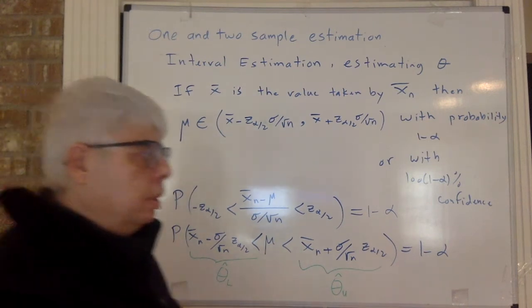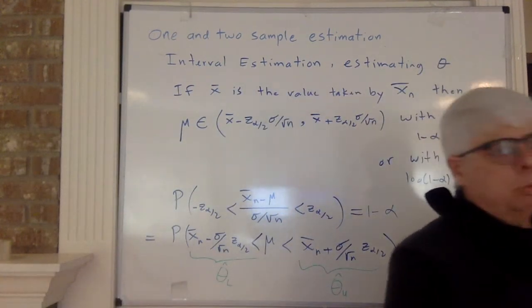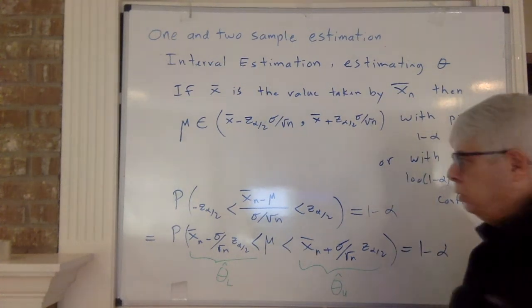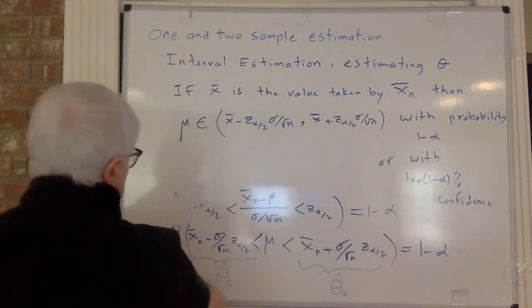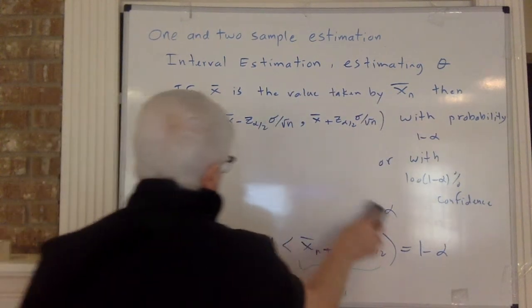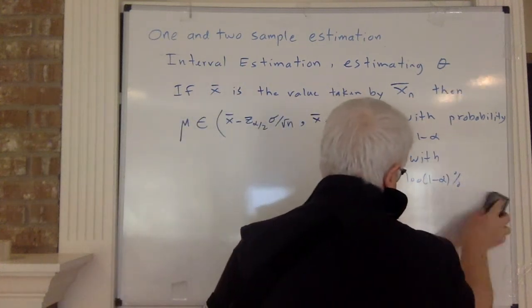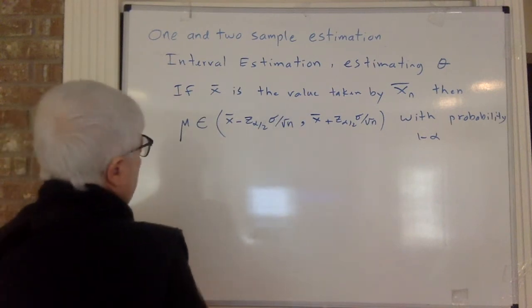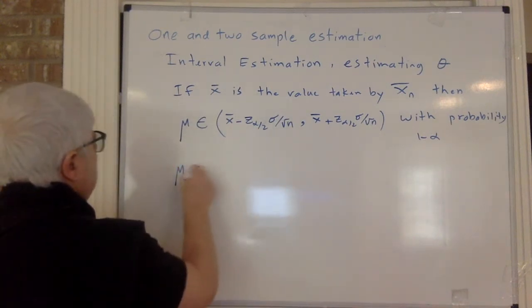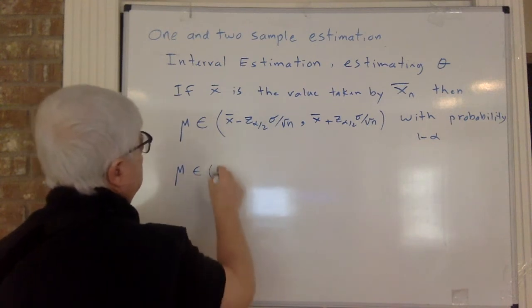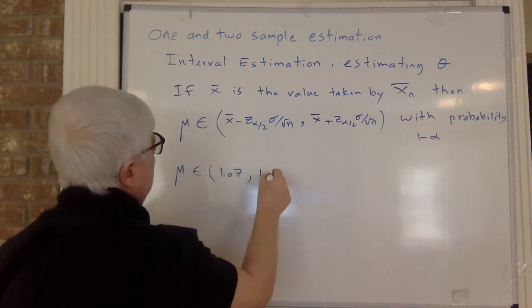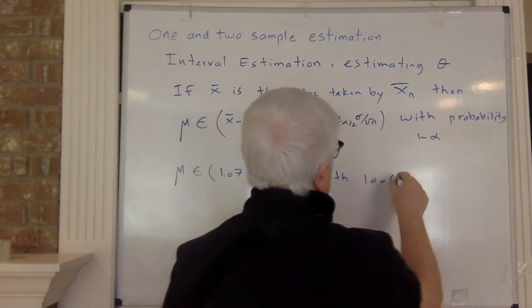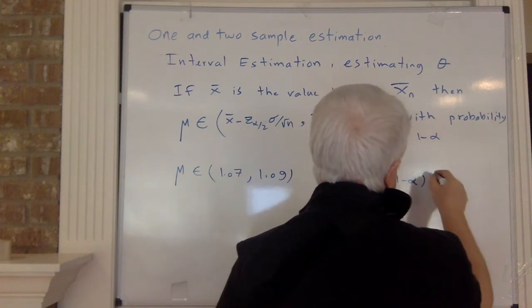Now, what does this mean? If you go out there and do that and give me some interval, what does it mean? Let me erase this, and that's also crucial, understanding this side of the story. So you find something, you say, okay, I have found that mu is between 1.07, say, and 1.09, say, with 100 times 1 minus alpha percent confidence.